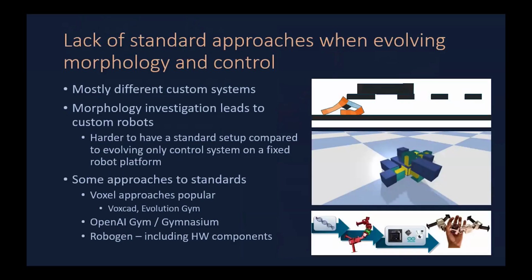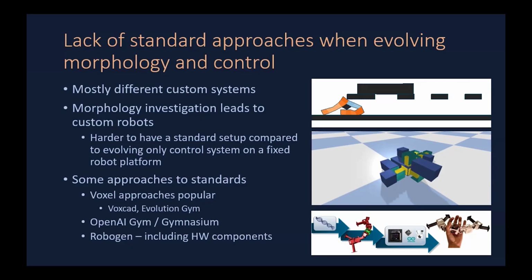But right now, there has usually been this problem of not so many standard approaches when evolving morphology and control. There have been many clear benchmarks for evolving control for robots or learning control, like all these gym approaches, for example the cheetah and walker and all those things, but maybe not so much for body and brain evolution.